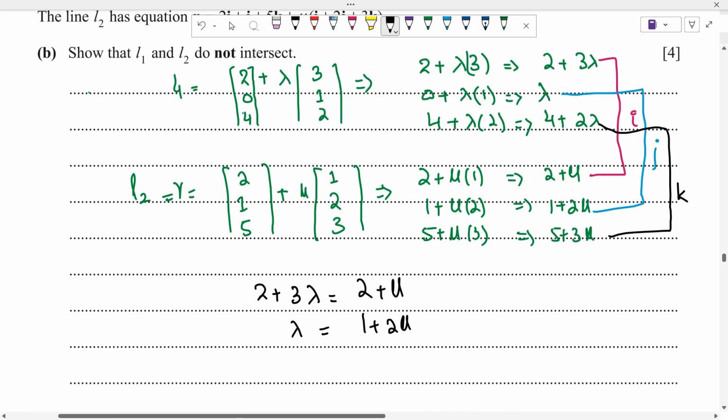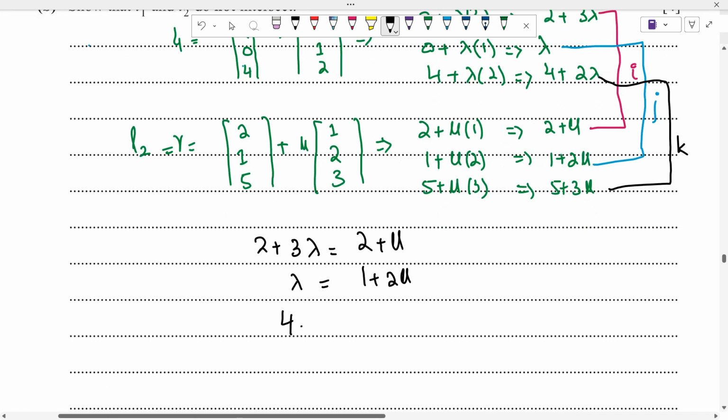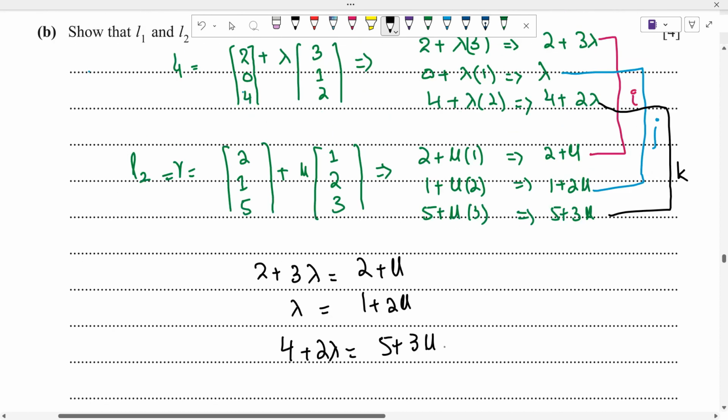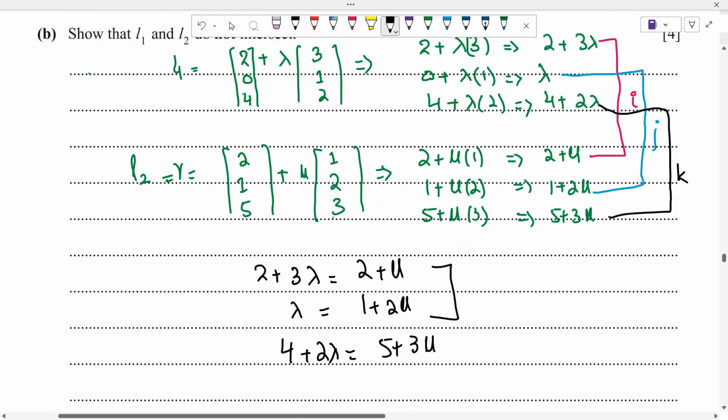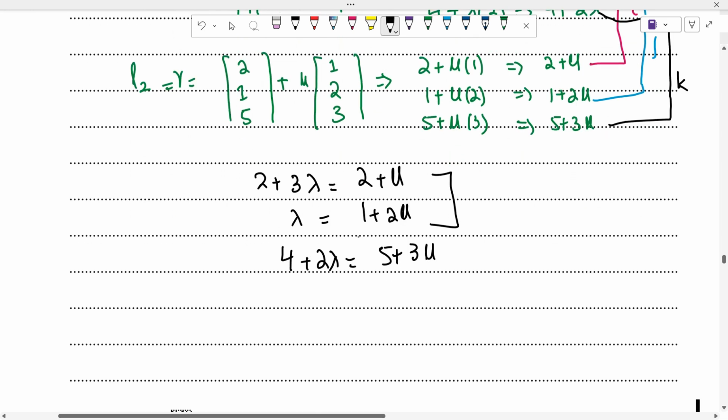And comparing the k components, 4 plus 2 lambda is equal to 5 plus 3 mu. So we have three equations, and we will find the values of mu and lambda from the first two equations and plug them into the third equation. If it satisfies, we have an intersecting point. If it doesn't satisfy, we don't have an intersecting point.